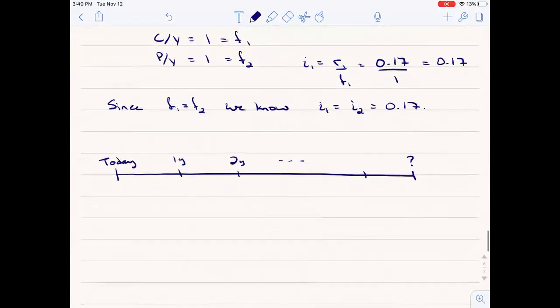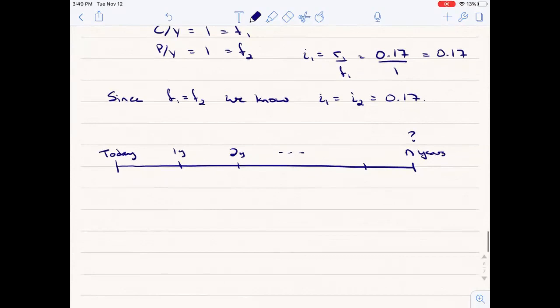N is the number of payments, and we're making yearly payments, so I can translate that into this question mark. It must be N years. We're trying to solve for N. The second to last tick must be N minus 1 years.